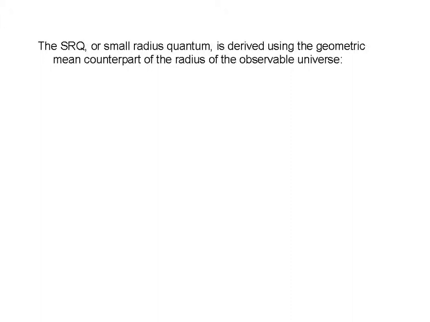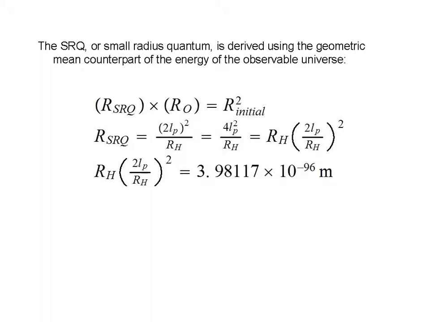The SRQ, or small radius quantum, is derived using the geometric mean counterpart of the radius of the observable universe. We take the small radius quantum radius times the radius of the observable universe, and we get the initial radius squared.